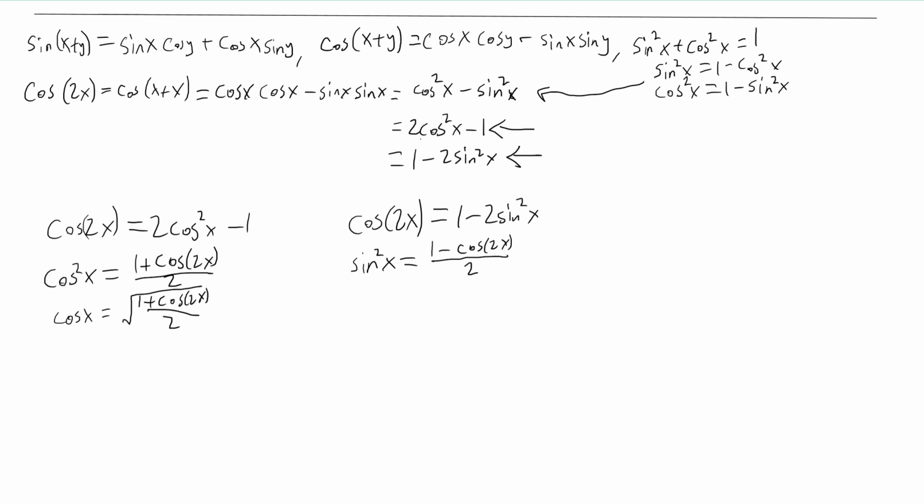After you've done the algebra, and then by taking the square root, sine of x is the square root of 1 minus cosine 2x over 2. And again, the sine of x can be negative, so we'd have to account for that. But with the angles we're going to be dealing with, that's not really a problem.